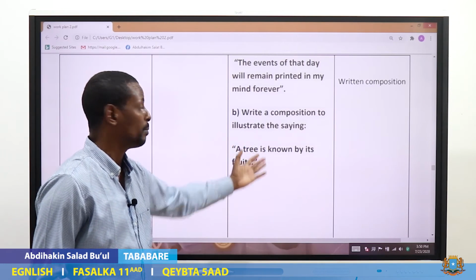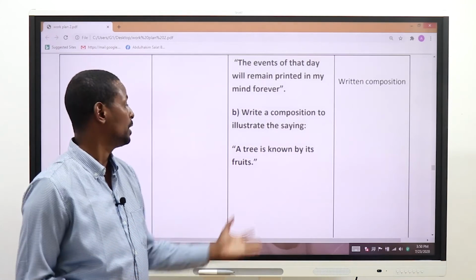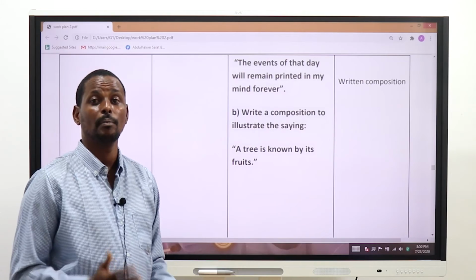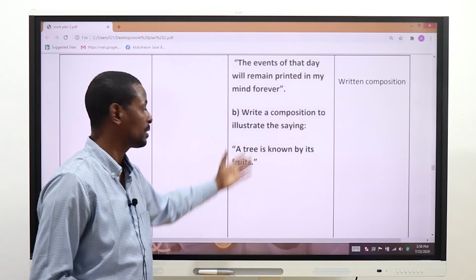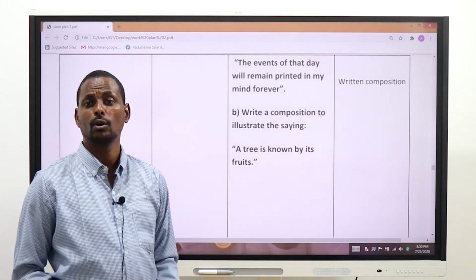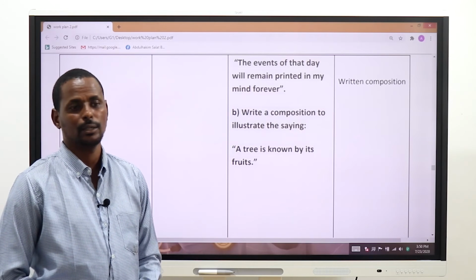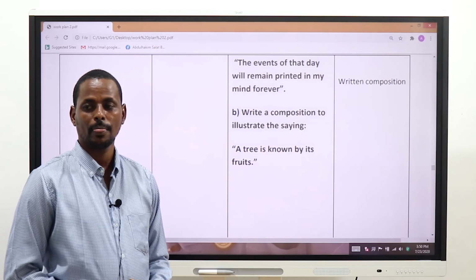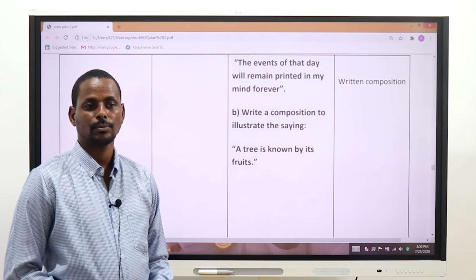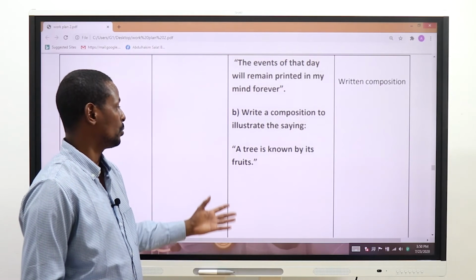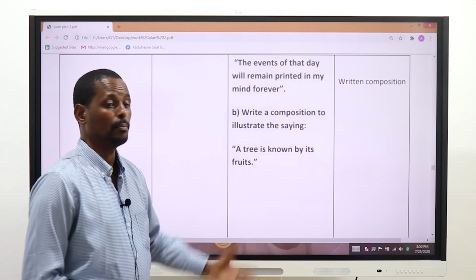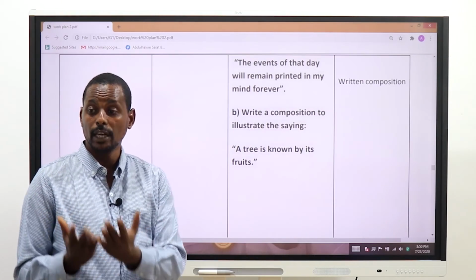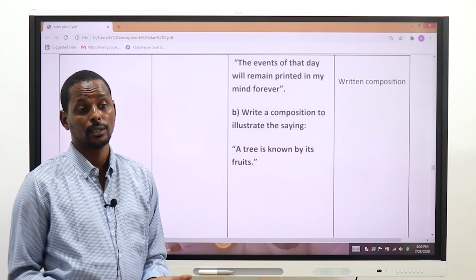And this proverb can be compared. A tree is known by its fruits. You can judge a book by its cover. They are somehow similar. But a student can argue and tell you, I don't agree that you can judge a book by its cover, because some books, from the look, can be very appealing, but not in content.